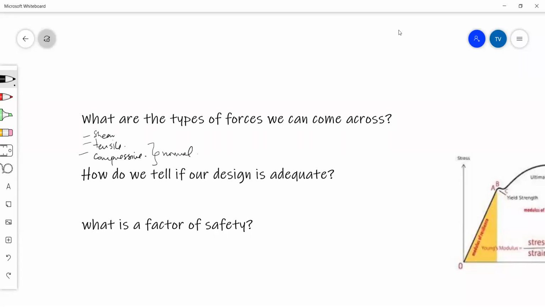If we were to look at a specimen, tensile would be acting away from the surface, perpendicular and away, 90 degrees. Compressive would be opposite, into the surface. And shear is acting parallel to the surface. And this is the stressed surface.